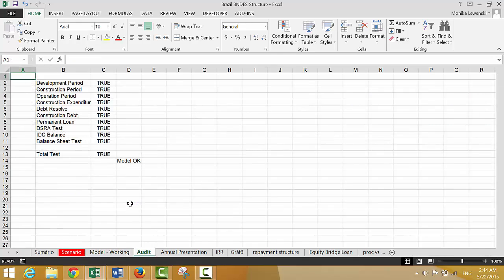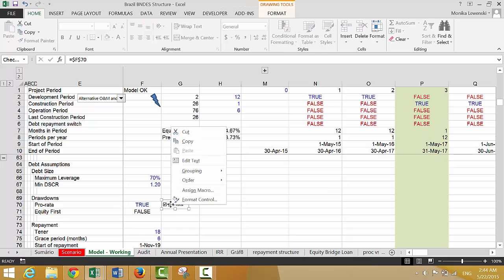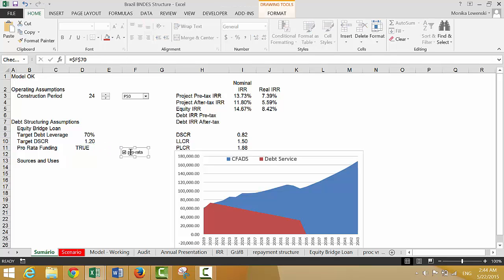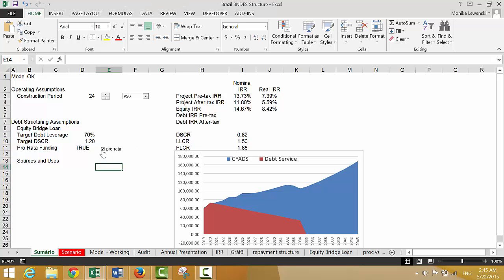We'll put this in, and then you can copy this to here. Okay, and we can see what happens.